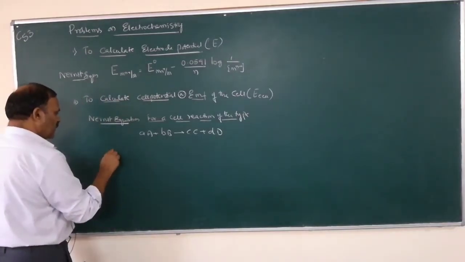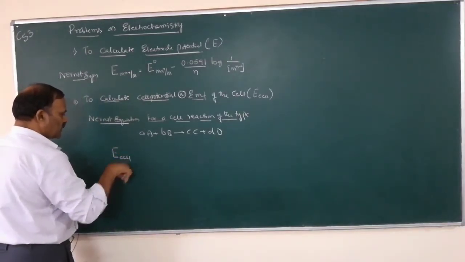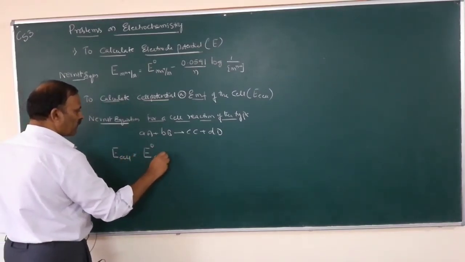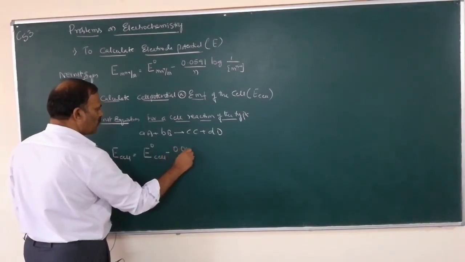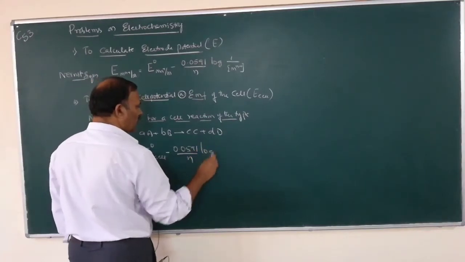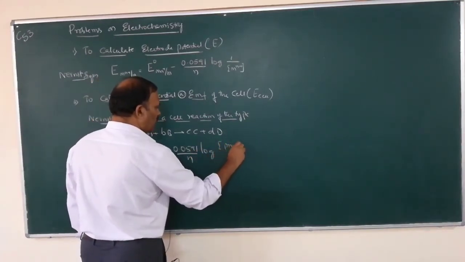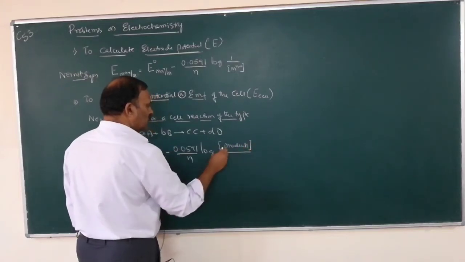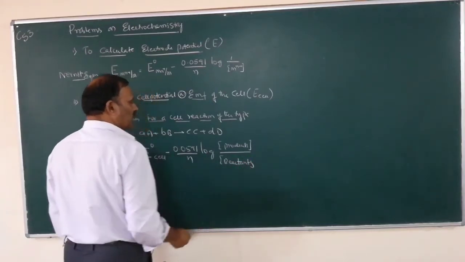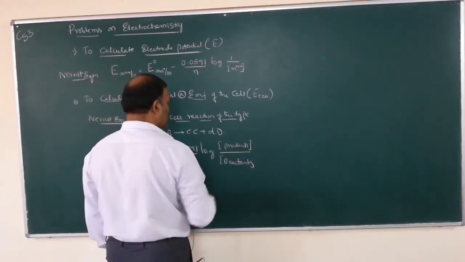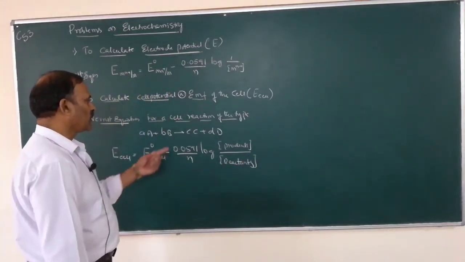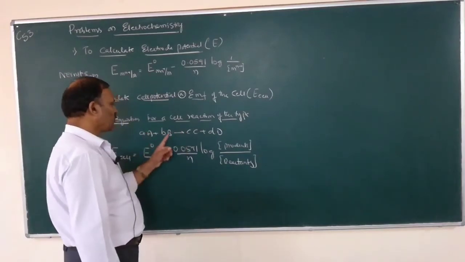So, what is E cell? That is the EMF of the cell. E cell is equal to E naught cell minus 0.0591 divided by n log of the concentration of products divided by the concentration of reactants, raised to the powers equal to the coefficients.